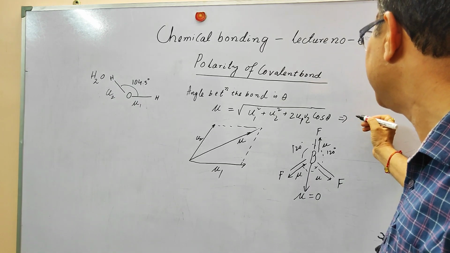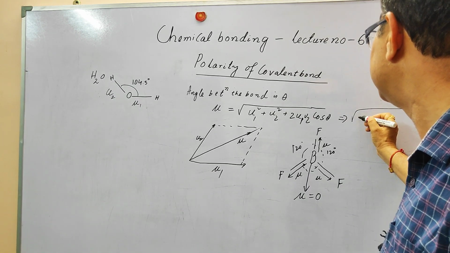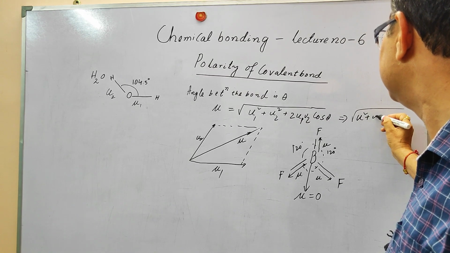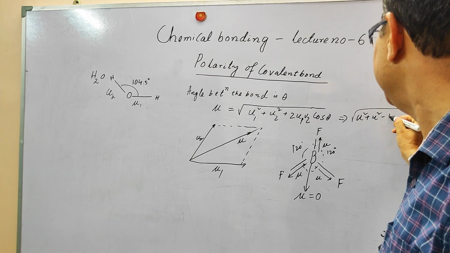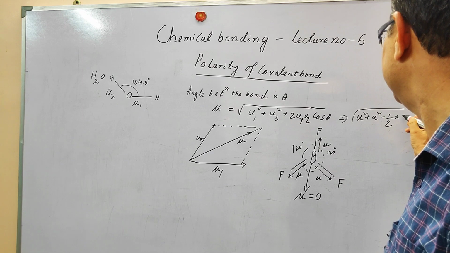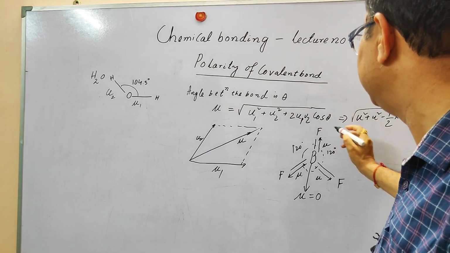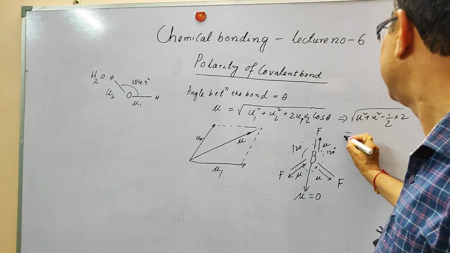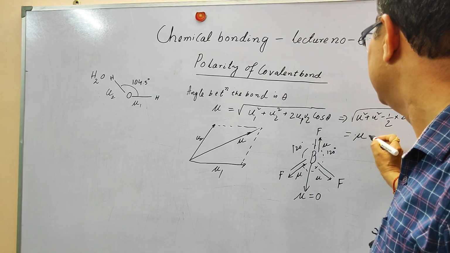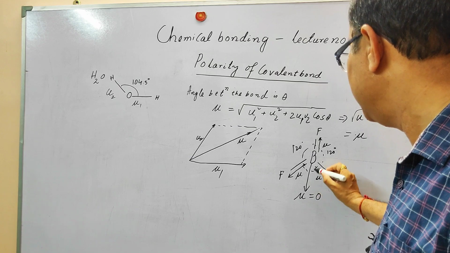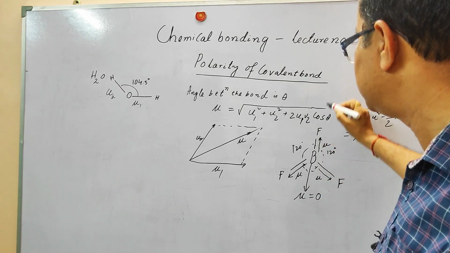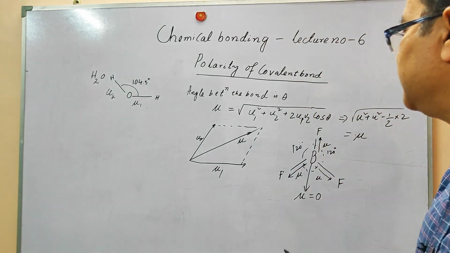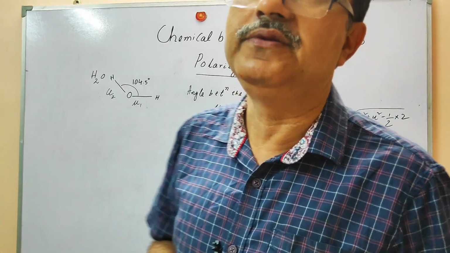And if we calculate, you can find it will be mu square plus mu square minus half into 2, because cos 120 means minus half, so it comes to around mu. So you can understand this has the same magnitude in the opposite direction, and they cancel each other, and we get zero dipole moment.